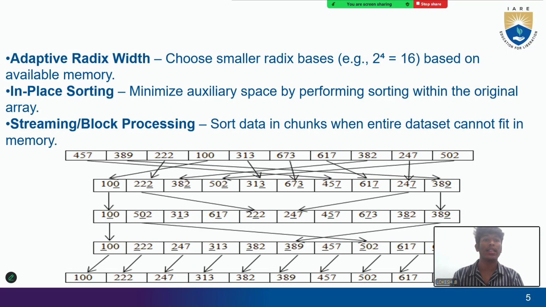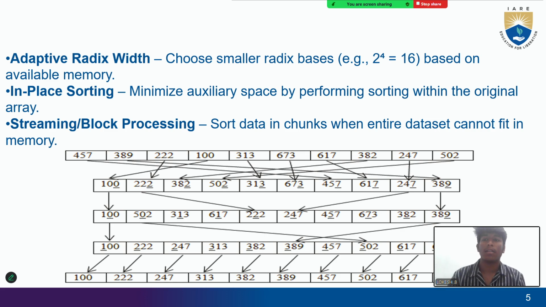And adaptive radix width: since we are using this in a small RAM, we have to choose a smaller radix width. Here we took as an example 2 power 4 radix width.